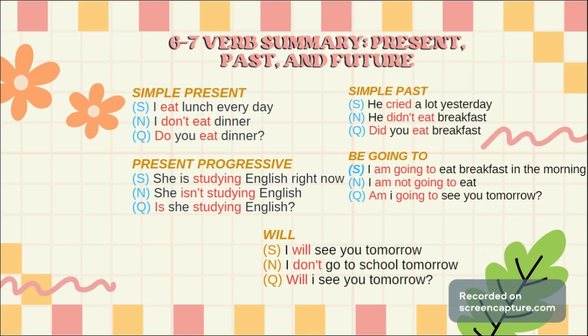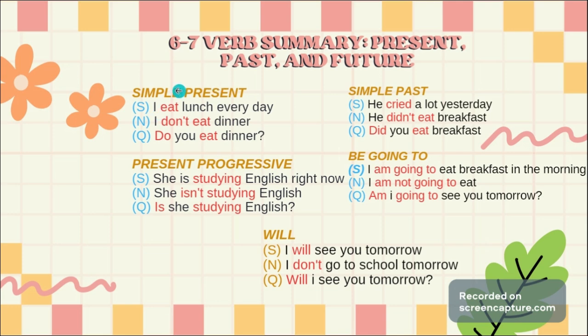Next, we have a verb summary: present, past, and future. So I will give you a conclusion for present, past, and future, with some examples. Okay, we start from simple present. For statement, I eat lunch every day.